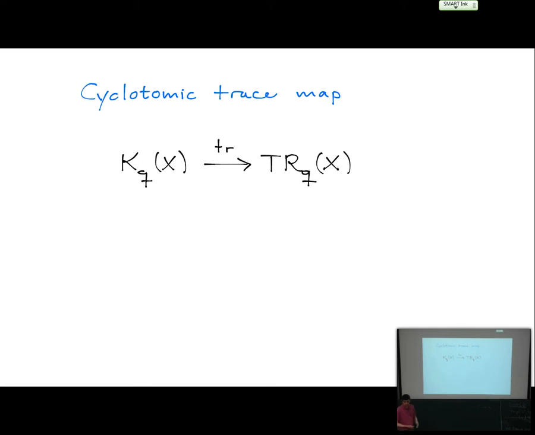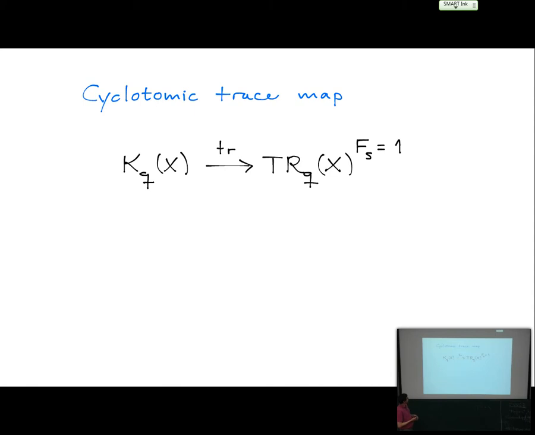Okay, so now I have explained what the target of the cyclotomic trace map is. And it has these Frobenius operators on it, and the trace map from K-theory lands in the subgroup that is fixed by all the Frobenii. So all the Frobenius operators act as the identity on the image of the trace map.